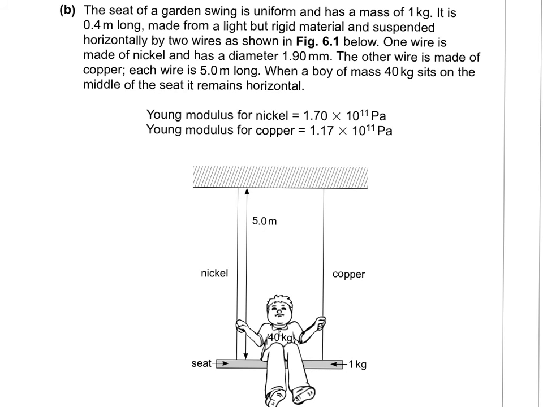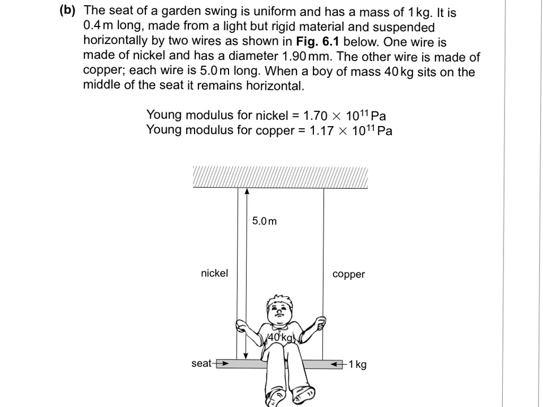So what they're basically saying by saying that it remains horizontal is that there is equal stretching of these two wires made of different material. So where the Young modulus values are different, there has been some compensation in the diameter of the wires to give them the same extension as each other.